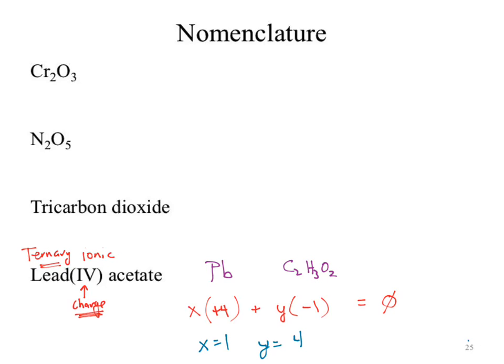The x was, what about the lead? It was not the charge, it was the number of lead atoms. Where do I specify the number of atoms in my formula? A subscript right after it. How many acetates are there? 4. That's what the y meant. So I could put a 4 here. The 1 we can imply.